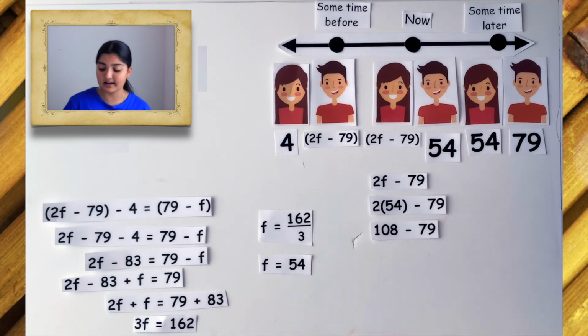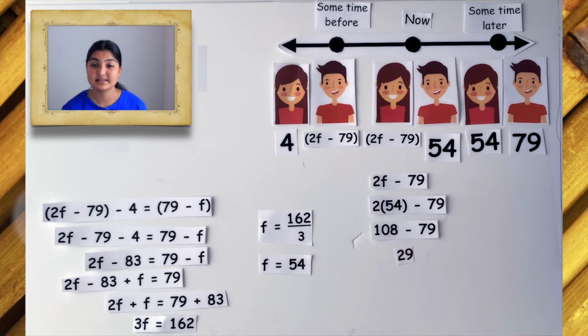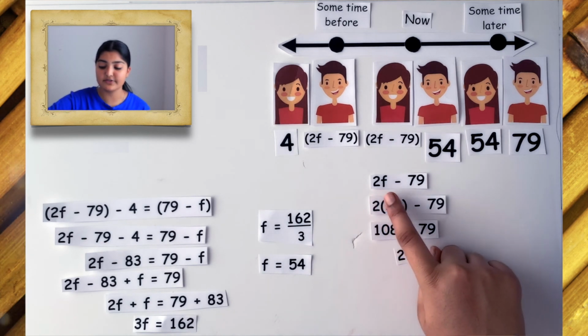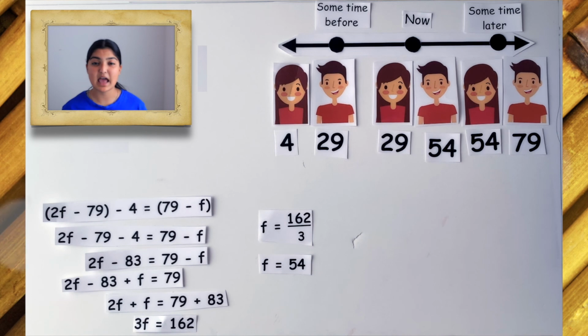Minus 79 is 29. So we know the value of 2f minus 79. Let's put this on our timeline as well. Now we know that the daughter is 29 years old and that the father is 54 years old.